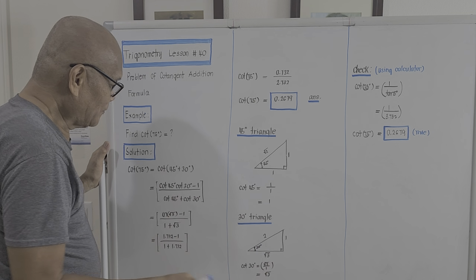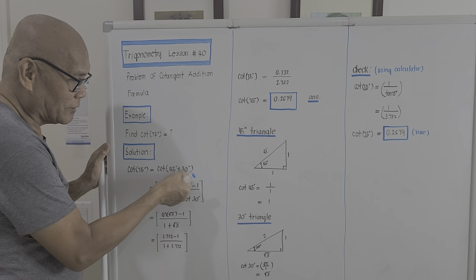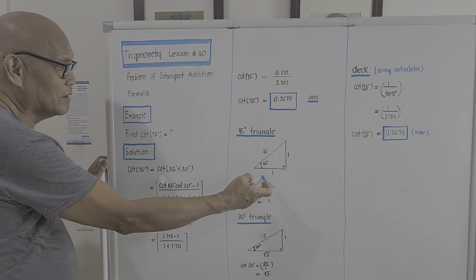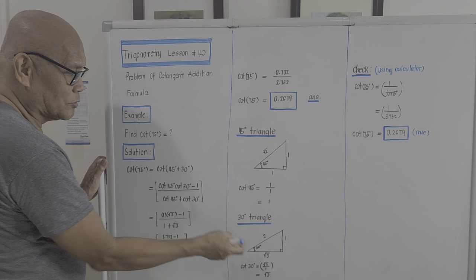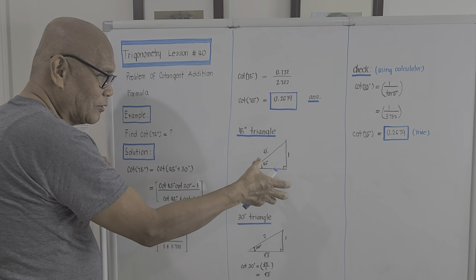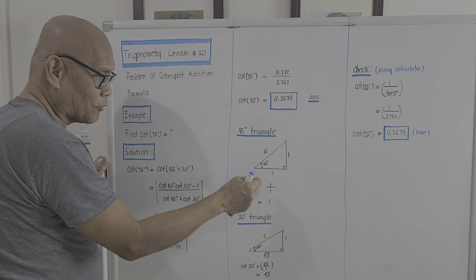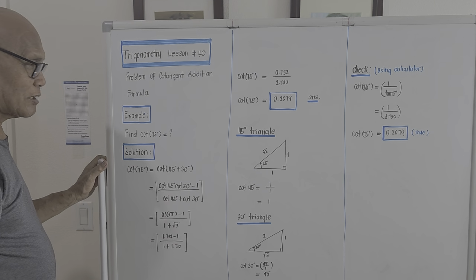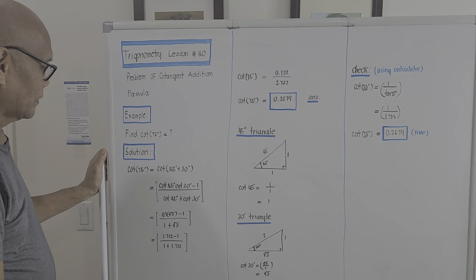So I prepared the combination 45 and 30, because 45 degrees is a special angle and 30 degrees is a special angle. So if I would like to bring out the values of the trigonometric functions for 45 and 30, there will be no problem. Okay, let's try to bring out the solution.